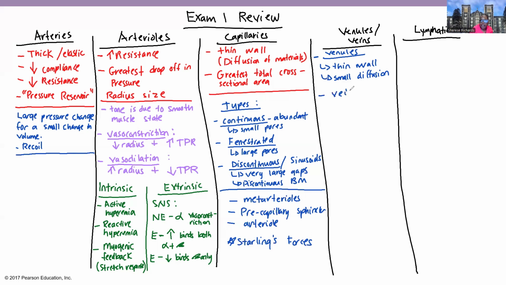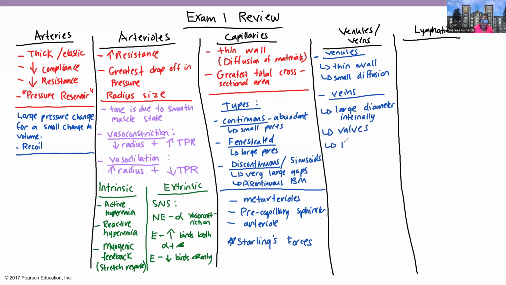For veins, these are going to have a large internal diameter, large diameter. They're also going to have valves, right? We talk about the one-way valves to keep flow going in the constant direction.